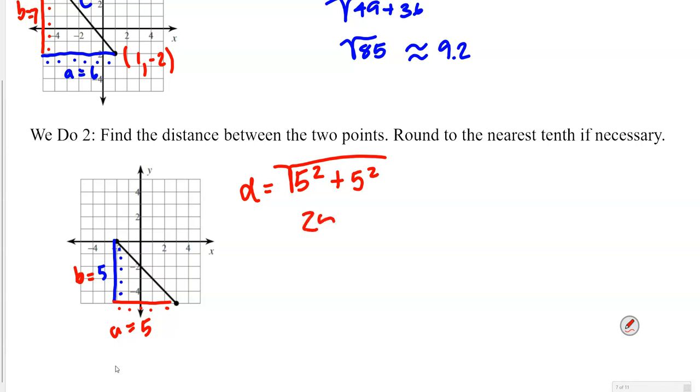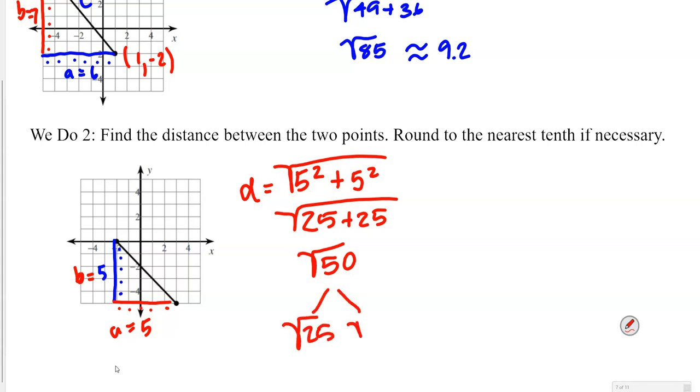So this is going to be 25 plus 25. That's going to be the square root of 50. Okay. You should see that there's two 25s there, right? So this is going to be the square root of 25 times the square root of 2, which is 5 square root of 2. That is in simplest radical form. And then if we compute that, that is 7.1 approximately. If we're rounding, that's why we got the approximate there, okay?